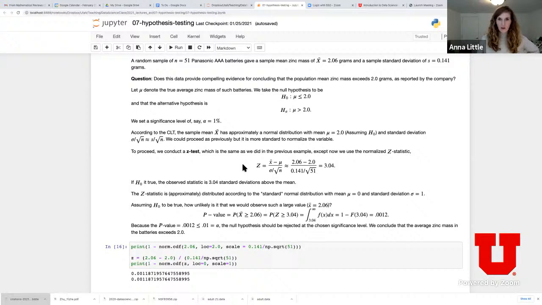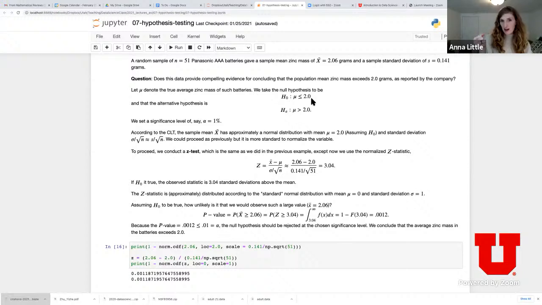Then what do we know? According to the central limit theorem, if the null hypothesis is true, and let me make a little clarifying comment, the null hypothesis here is mu less than or equal to 2. So it's not specifically mu equals 2. But when we apply the CLT, we just use that boundary value. We just assume the null is mu 2 or smaller.